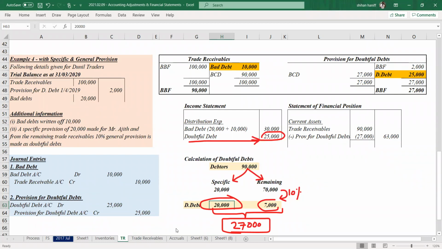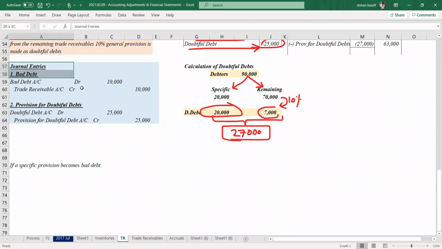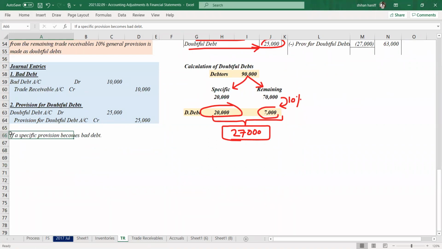Now, if a specific provision becomes bad debt, again, you can't take it to the income statement. Then the double entry will be, I'll give only the journal entry. This is number 3. A specific provision becomes bad.